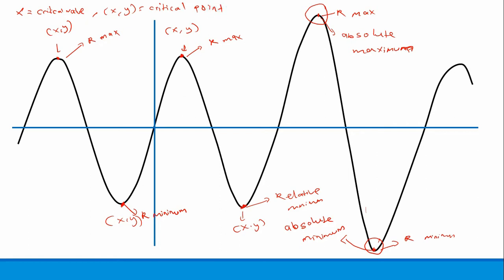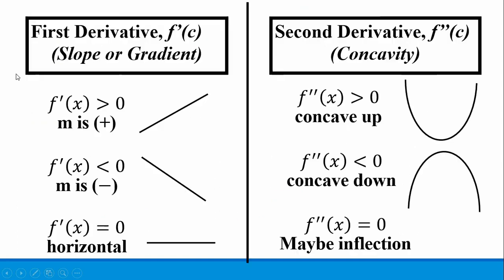If it is only x, it is called the critical value, which is the value of x, but if it is in the form of x and y, it is called the critical point. Next I want to show you the concept of the first derivative.